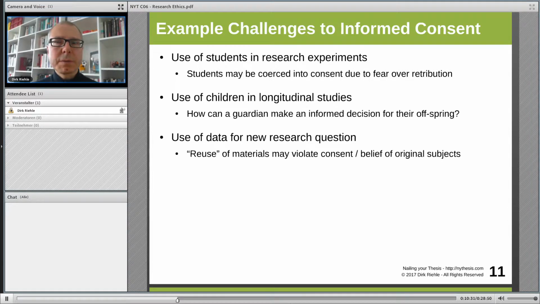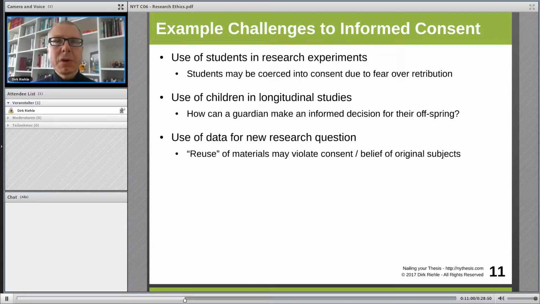A related, similarly difficult relationship is parents allowing the use of their children, at an age where they cannot decide for themselves, to participate in any research study, in any experiment, or even a longitudinal study over many years, while the parent as the guardian can make the decision legally for their offspring.